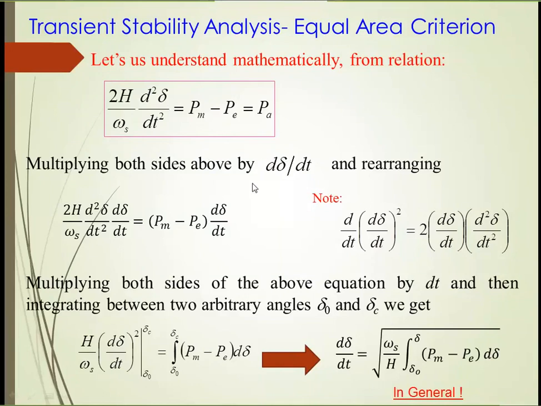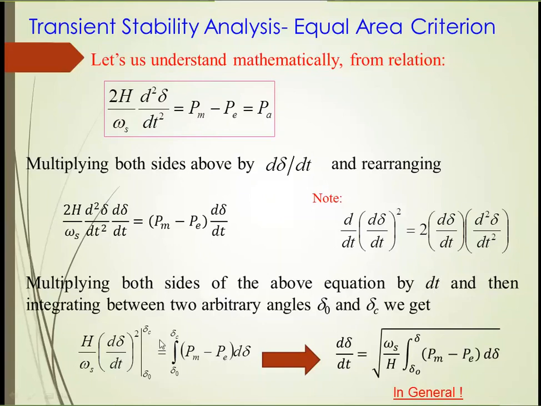This equation is manipulated by multiplying this term d delta by dt and then rearranging. After multiplication, using this relationship and further multiplying by dt, we write down this equation here.